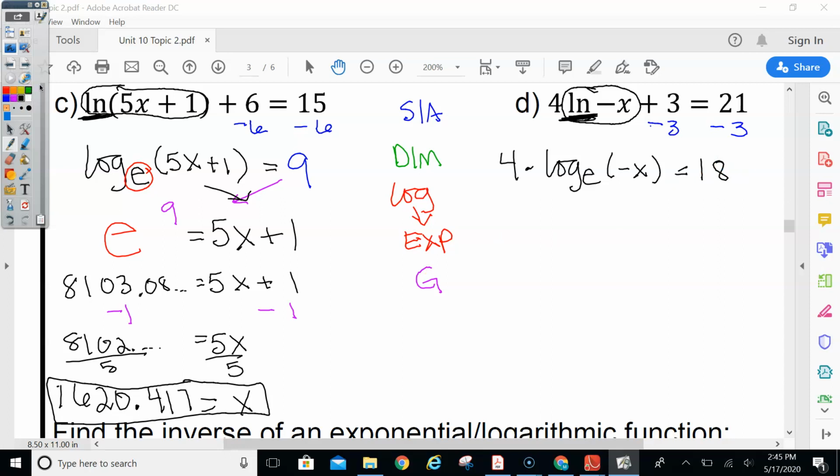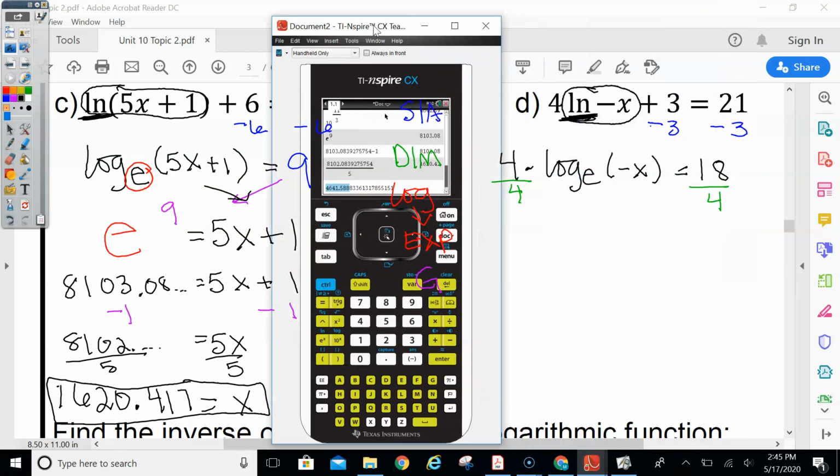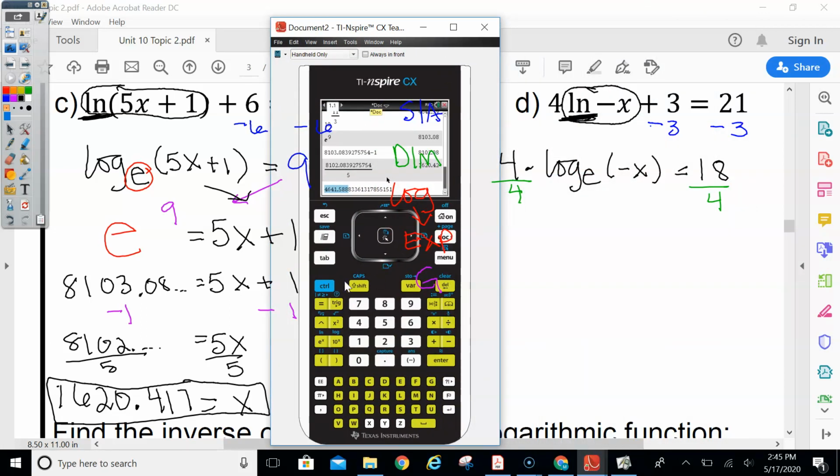Then we can divide by that 4 in the front. So here you can put it as a decimal or as a fraction. 18 divided by 4. Clear, I want to clear everything. So 18 divided by 4, it's going to reduce it, or you can make it a decimal however you want.